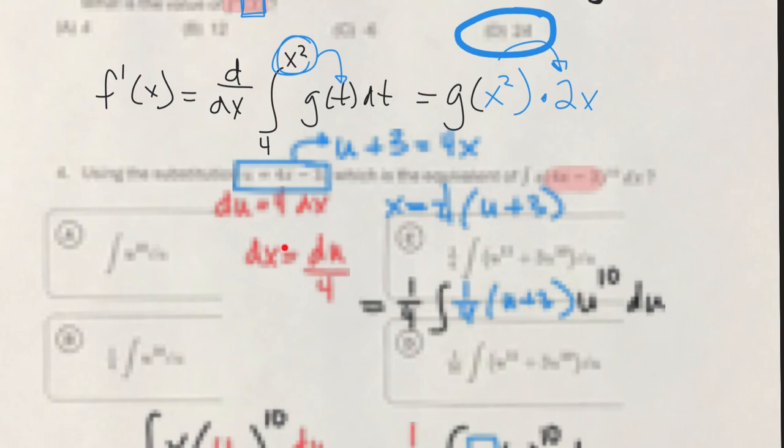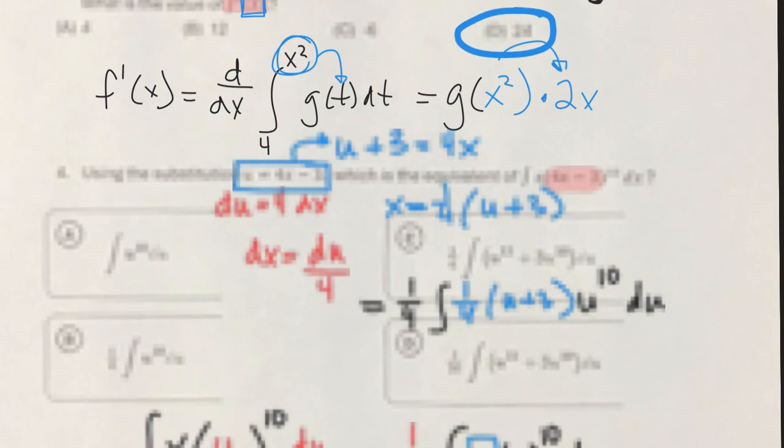So we do our U substitution right here, right? And we noticed that x doesn't cancel out when we do our u substitution, which means we have to come back up to your u equation and solve this for x. So x is 1/4 of u plus 3. And then we replace x with 1/4 of u plus 3.